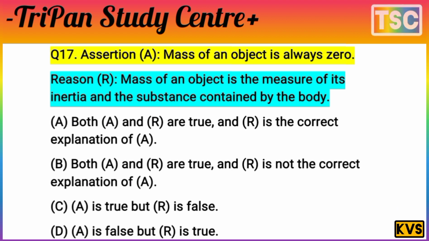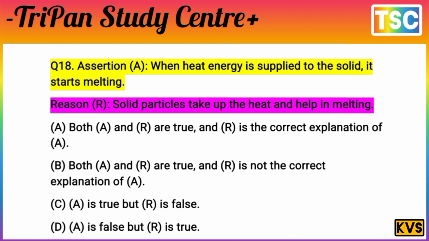A is false, totally false, since the mass of an object is not zero. And R is true. Option D is correct here. Let's see the next question on your screen.